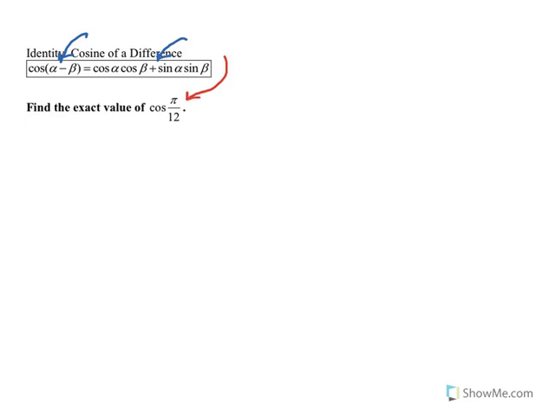And if you think about your special angles, to add or subtract fractions, you always need to have common denominators. And if you kind of think about your special angles, the first one is 30 degrees, which is pi over 6. The next one would be 45 degrees, which is pi over 4. And then the next one would be 60 degrees, which is pi over 3, and then 90 degrees, which is pi over 2.